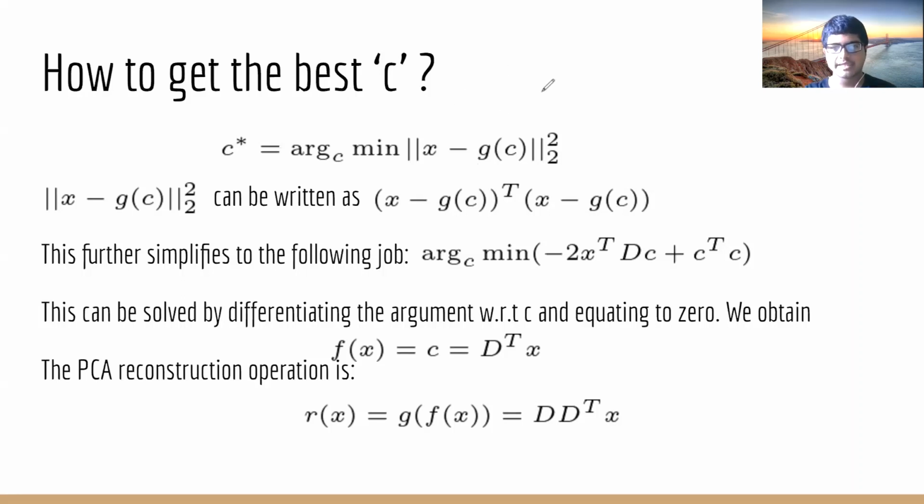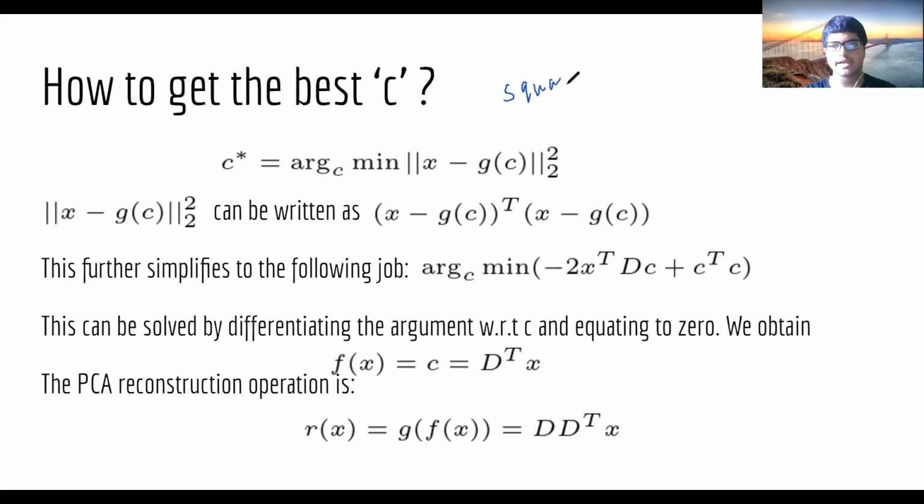So what we are trying to say is that I want to minimize the squared L2 norm of this vector, x minus gc, because gc is what we obtain after decoding, meaning after multiplying the matrix D into C and obtaining back the n dimensional vector.